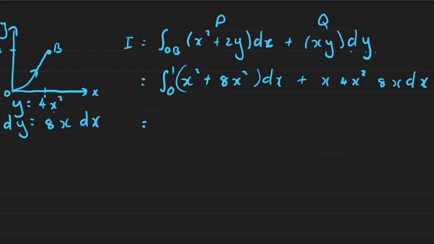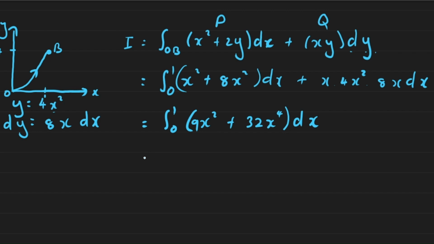Proceeding as we would generally do, we simplify it a bit. x times x squared times x is going to be x to the power 4, and 8 times 4 is 32. x squared plus 8x squared just gives us 9x squared. And we have 32 x to the power 4 dx.